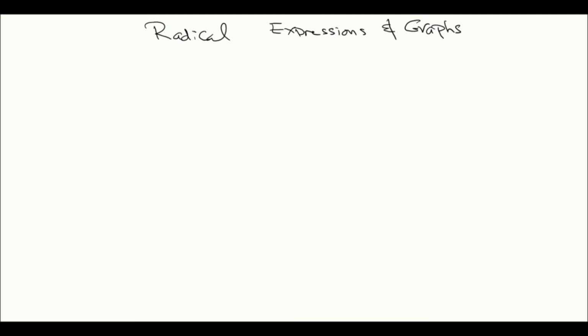Hello everyone. Today we're going to talk about radical expressions and some graphs associated with radical functions. When you see an expression looking like this, the square root of some number n, there is a number in here which we usually don't write because it's 2.